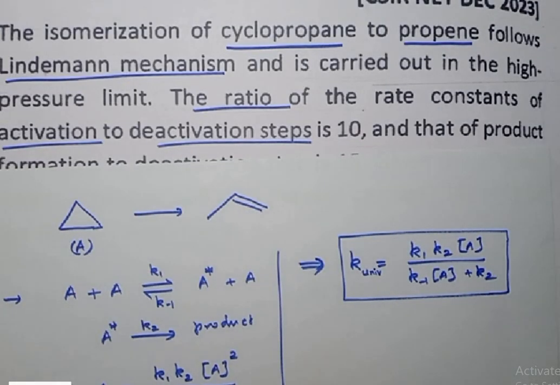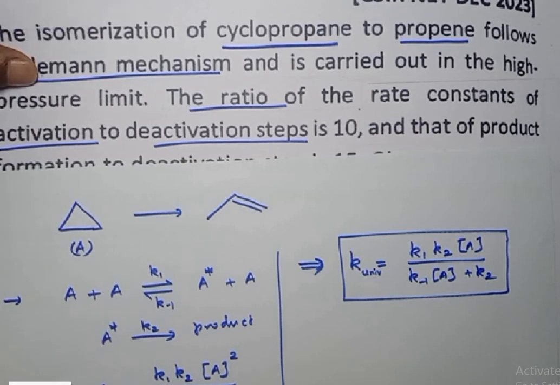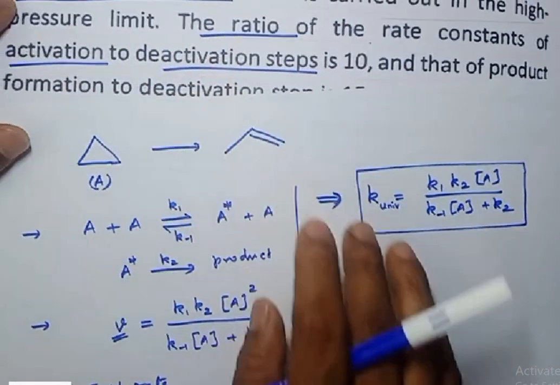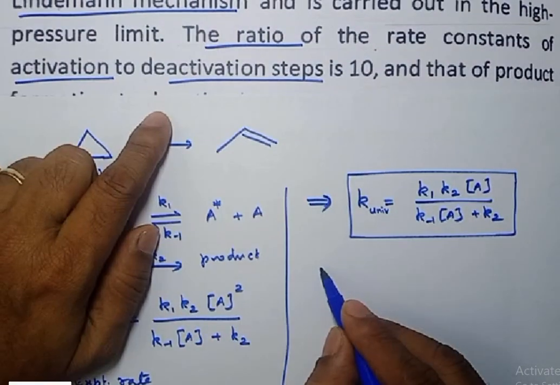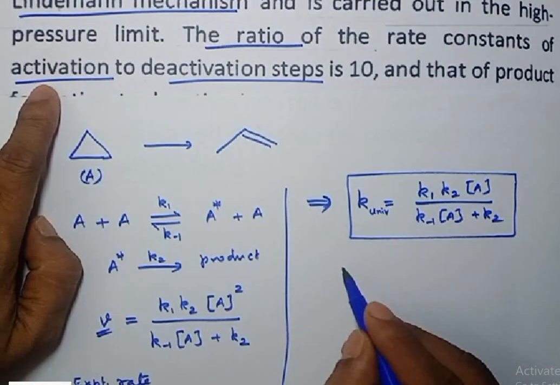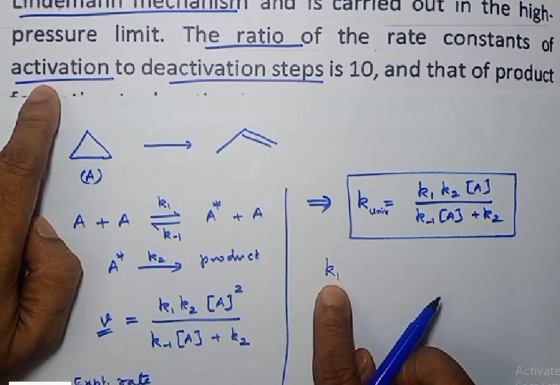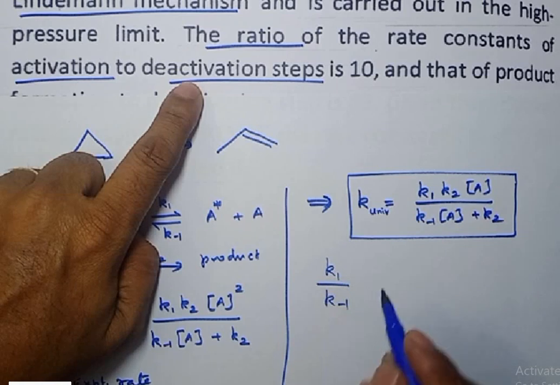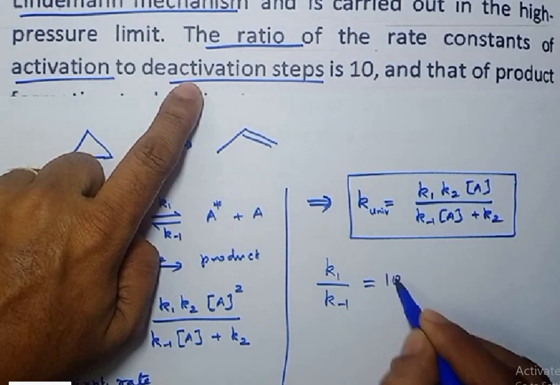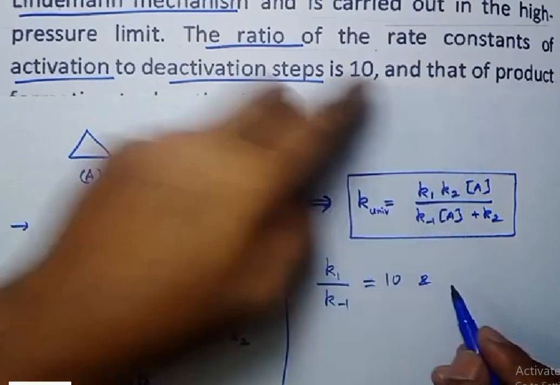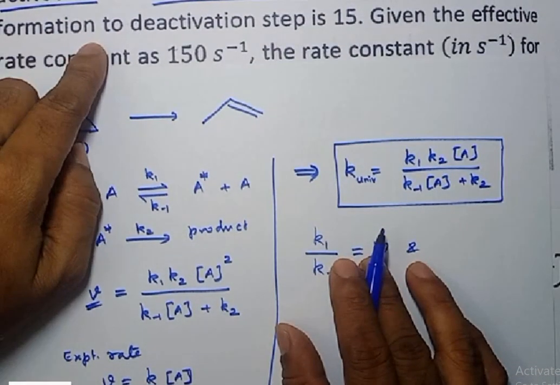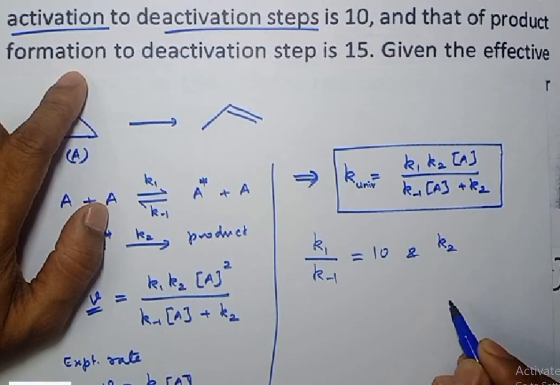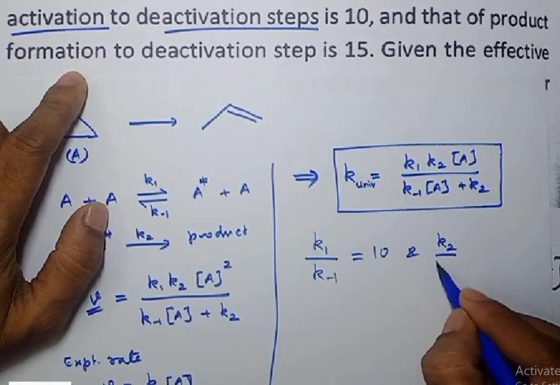Now we'll see what data are given in the problem. The ratio of the rate constant of the activation to the deactivation step is given. The activation step rate constant is K1 and the deactivation step is K-1. So K1/K-1, this ratio is given, which is 10. And that of product formation to deactivation: the product formation step rate constant is K2 and deactivation is K-1.